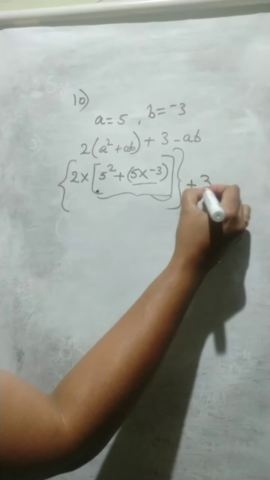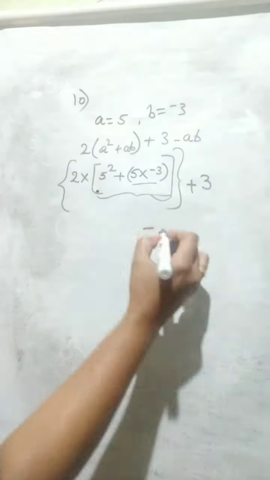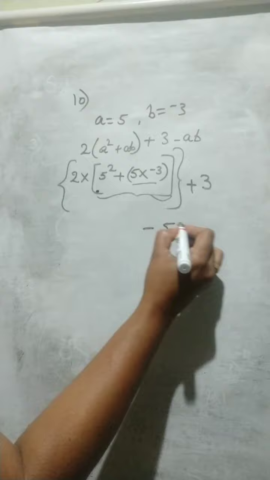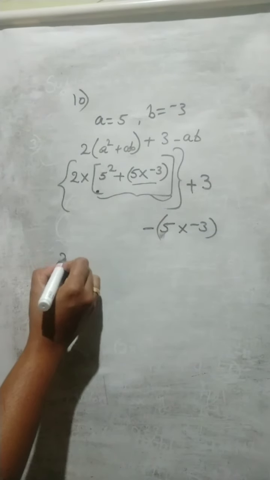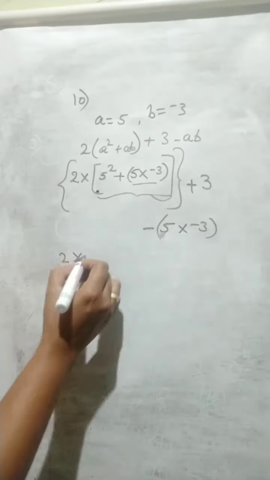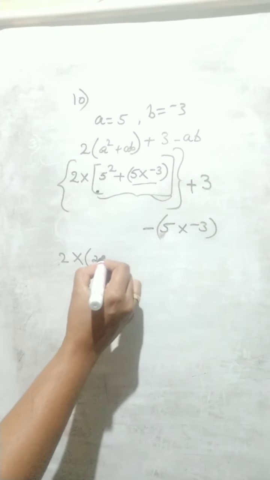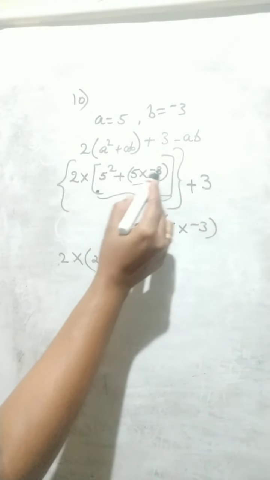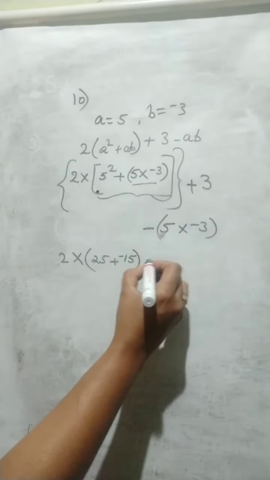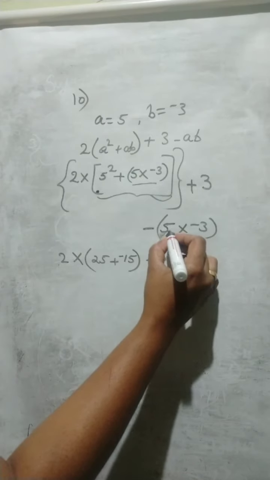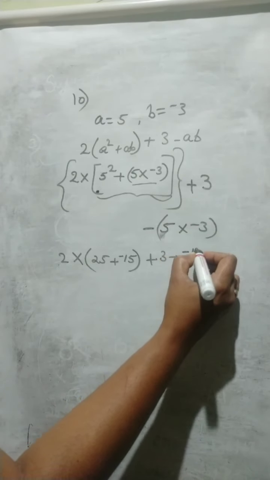Plus 3 minus ab. a is equal to 5 and b is equal to negative 3. Another term. Then 2 times 5 square, that is equal to 25, plus 5 times negative 3, that is negative 15. Okay, plus 3 minus 5 times negative 3, that is negative 15.